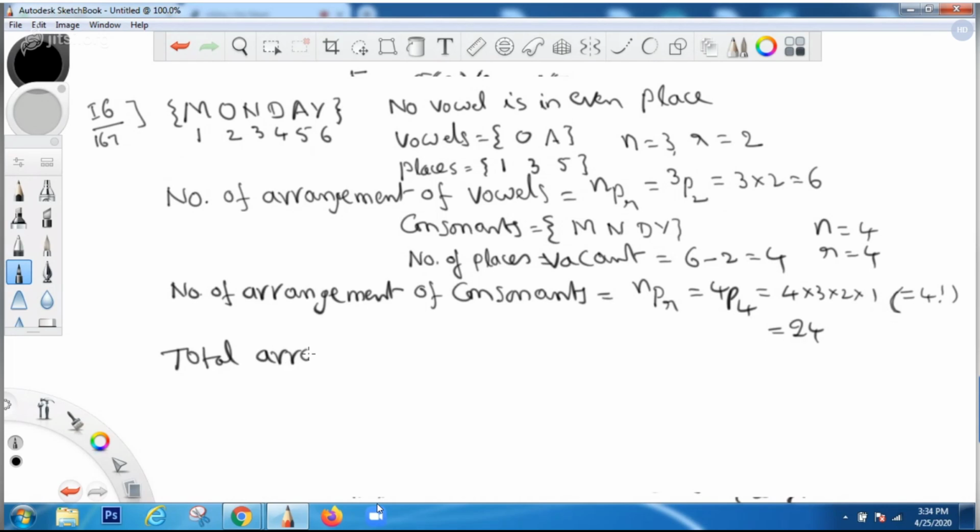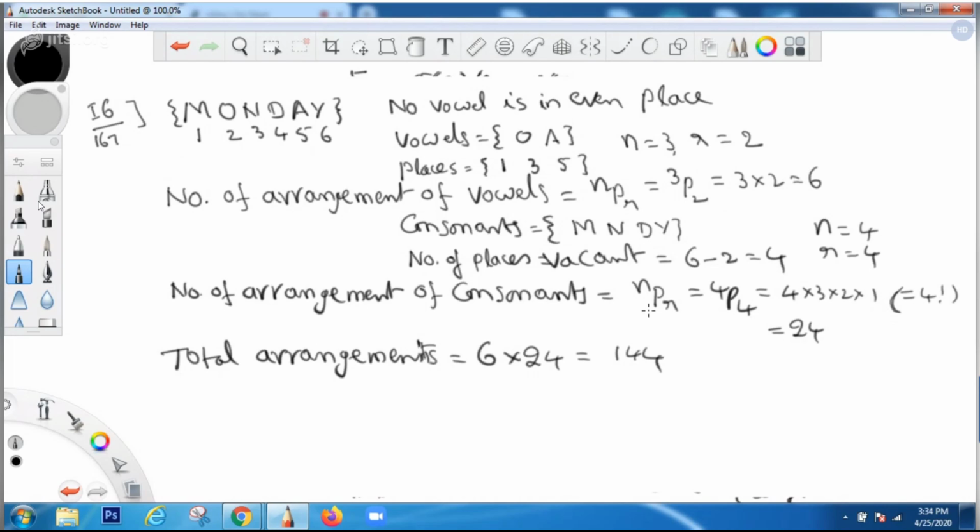Total arrangements is equal to: vowels, how many ways? 6 ways. Consonants, 24 ways. 6 into 24 is equal to 144.